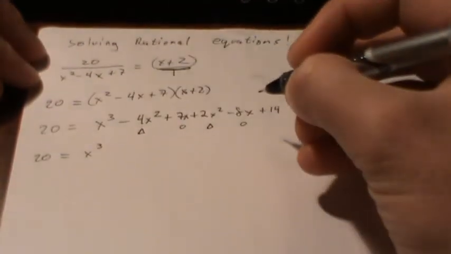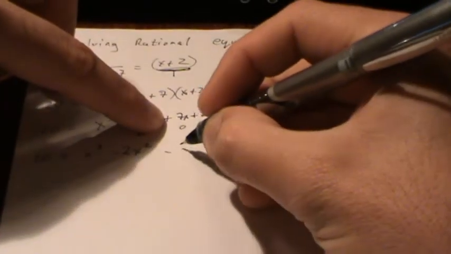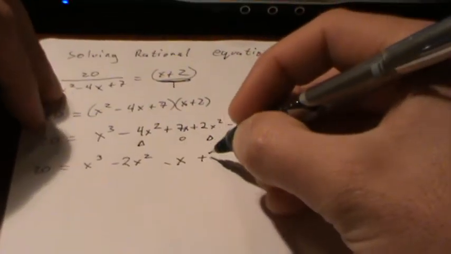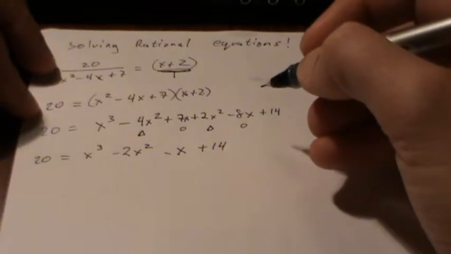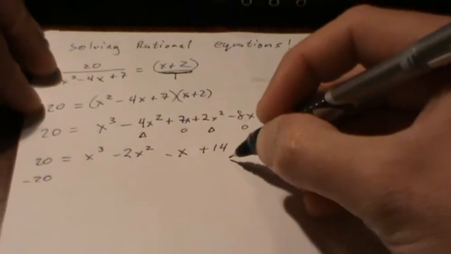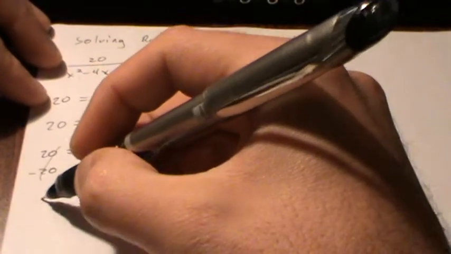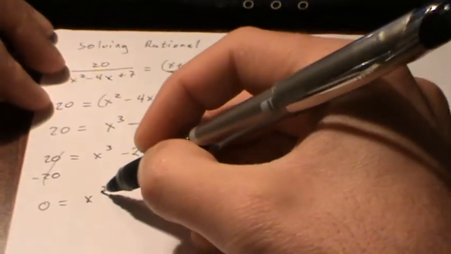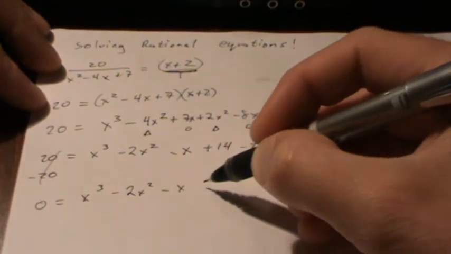Now I've got 20 is equal to x to the third minus 2x squared minus x plus 14. Alright, and now if I subtract 20 from both sides, I'm going to end up with 0 is equal to x to the third minus 2x squared minus x minus 6.